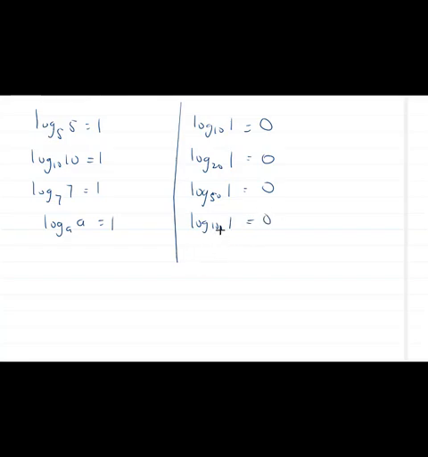So what can we generalize? You can generalize that regardless of the base, once the argument is 1, we are always going to get 0. So log base a of 1 will always give us 0.